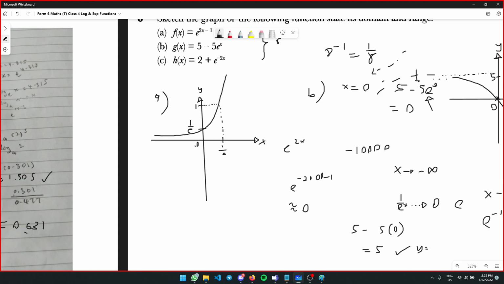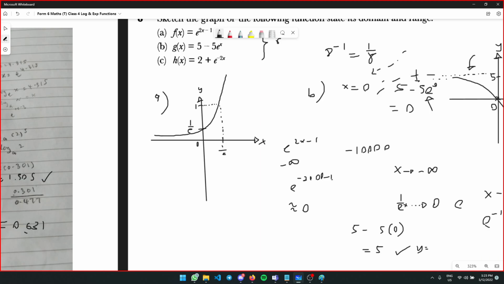I didn't mention the asymptote just now because it's already here. If you want to mention it, you can, but no need to. You don't have to do this line because this already exists, right? So I don't mention. I think I just mentioned 2x minus 1. Let's say it's a very big negative number.